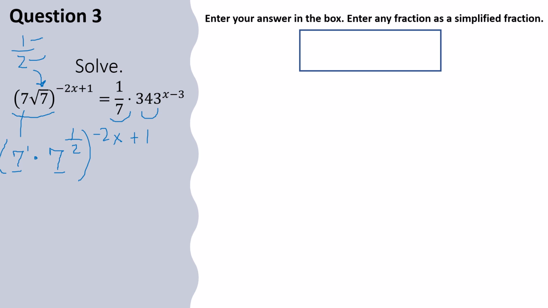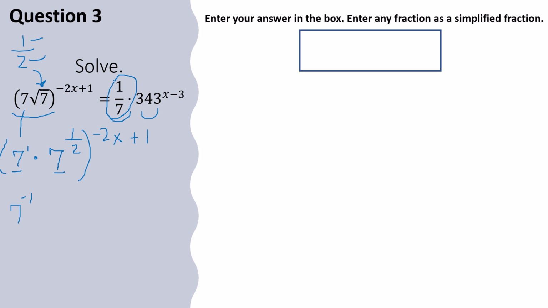So that's the left-hand side. Now let's look at the right-hand side. So if I've got 1/7, how do I write that? This right here, I'm looking at 1/7. How do I write that as a power of 7? That's going to be 7 to the negative 1 power.